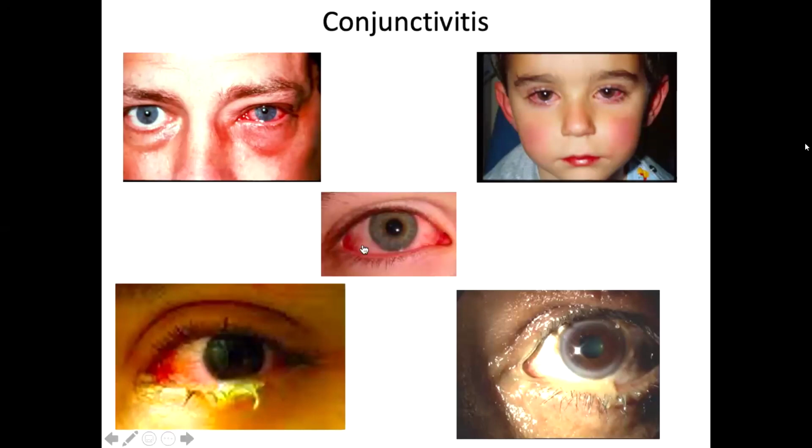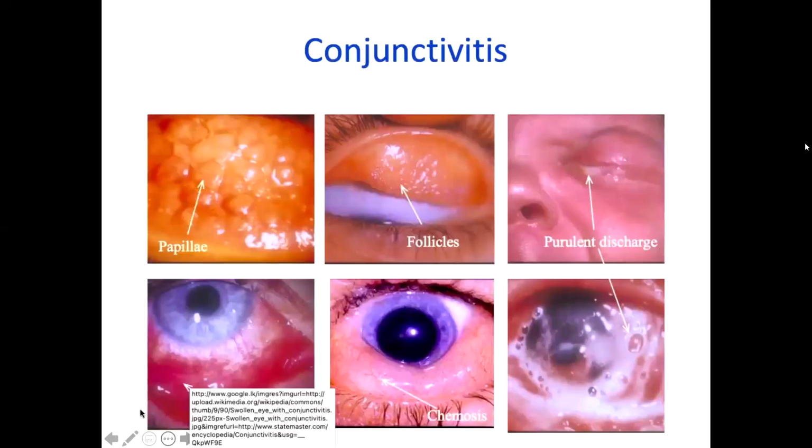Usually the circumcorneal region is less involved, but the palpebral area is more involved, and there is tearing also, mucoid discharge or purulent discharge, whitish or yellowish discharge can be there in bacterial conjunctivitis. So if you evert the lid and see, you can see papillae or follicles and discharge.